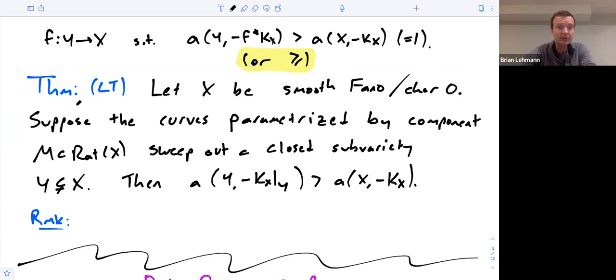And also let's suppose that the curves parametrized by some irreducible component M don't form a dominant family, so they sweep out a closed subvariety of X. Then it turns out that the Fujita invariant of this subvariety, with respect to the restriction of the anticanonical, is strictly larger than the Fujita invariant of X.